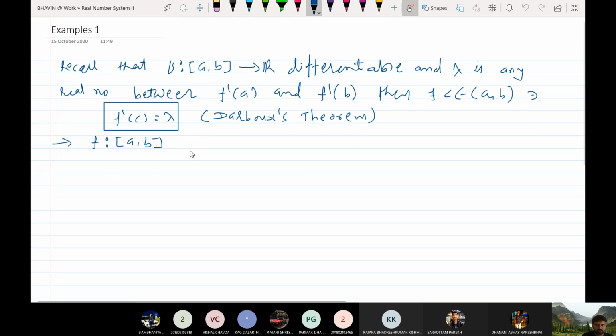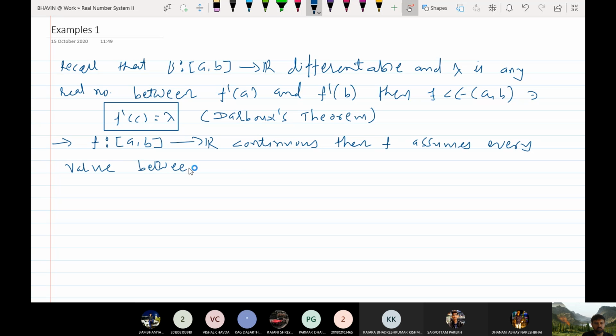So f into R, which is continuous, then f assumes every value between its supremum and infimum.